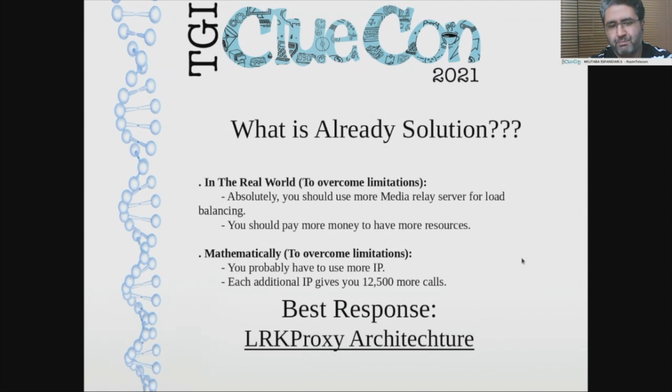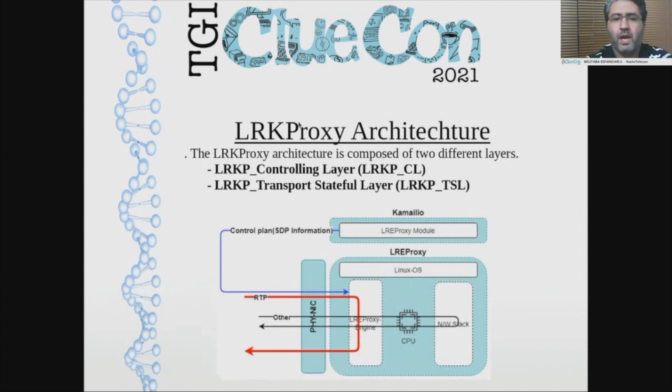And what is the best response in the game theory? In my opinion, the best response is using the LRK Proxy architecture. As I mentioned before, LRK Proxy is composed of two different layers. The first layer is developed as a module in Kamailio, and you have to load this module in your configuration file and set some parameters for installing the LRK proxy.